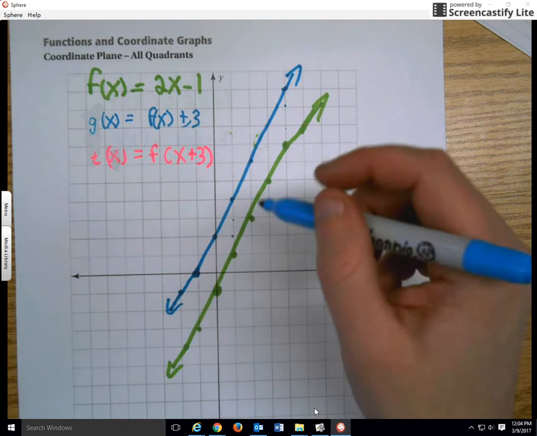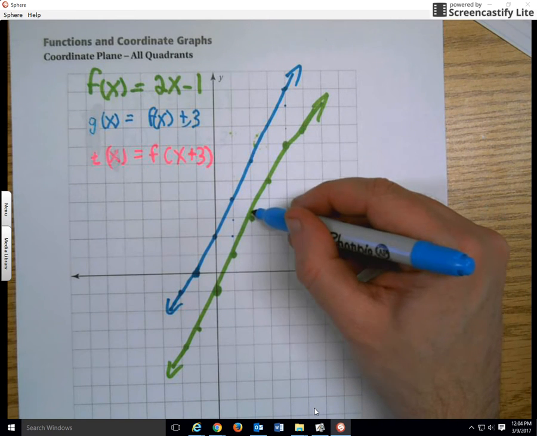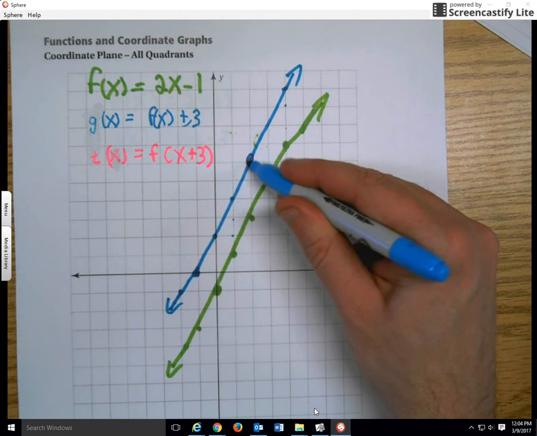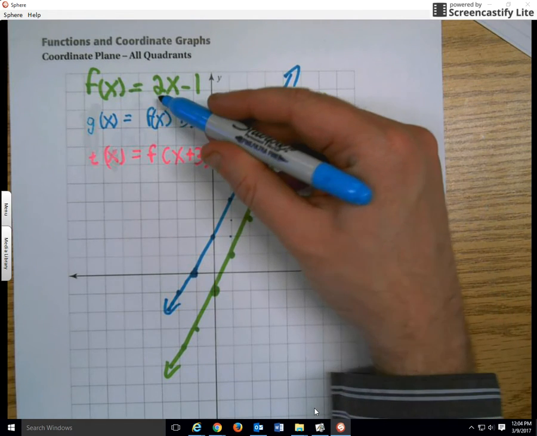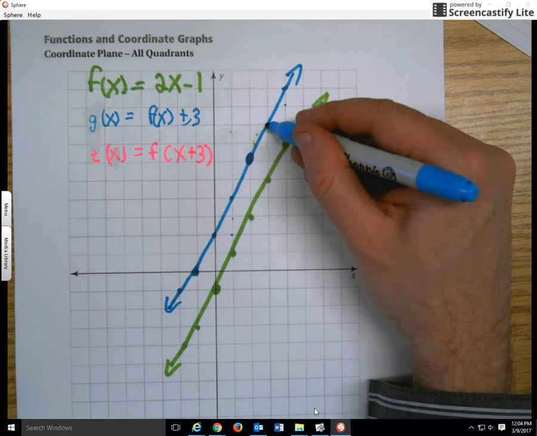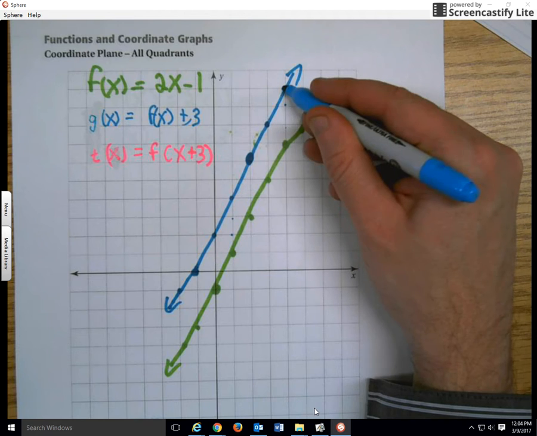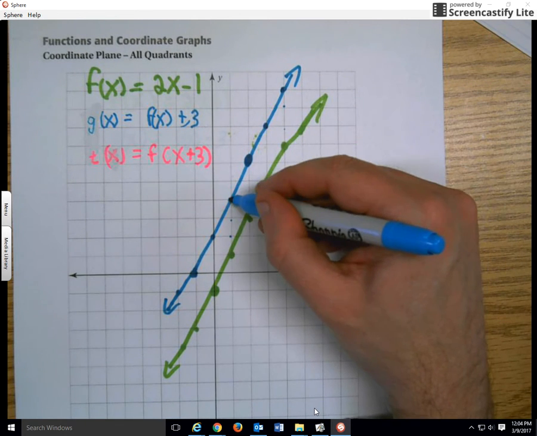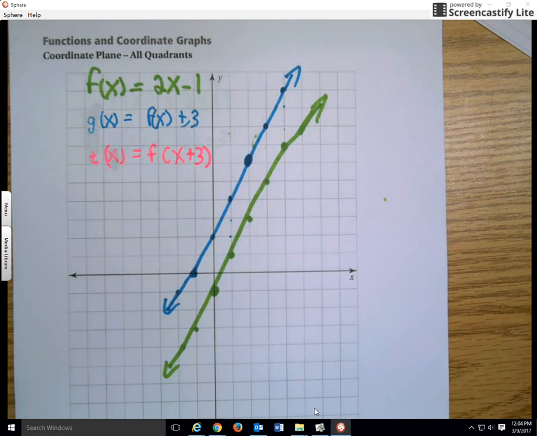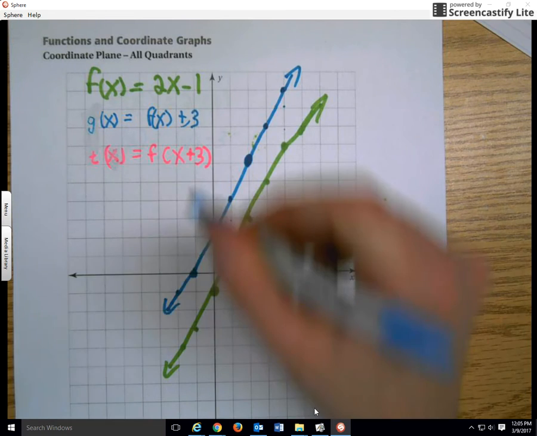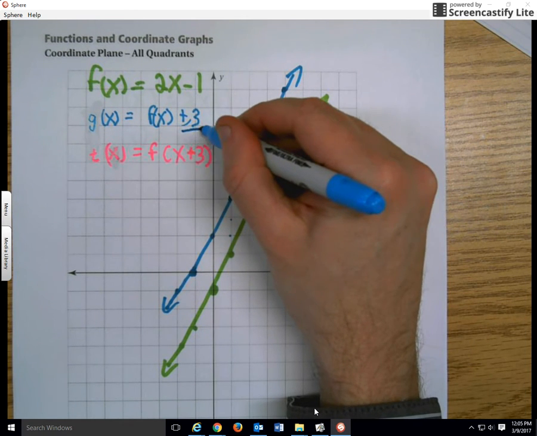Another way you could have done this is taken any one point, going up 3 units, and just keep the same slope. Up 2 over 1. It would still be on the same line.